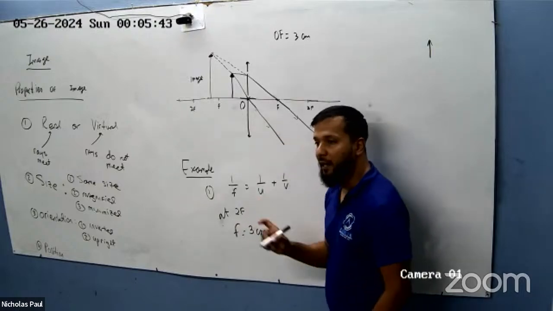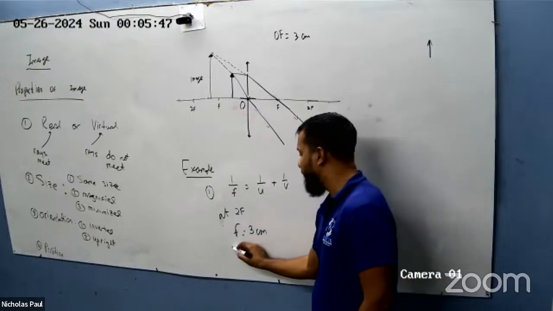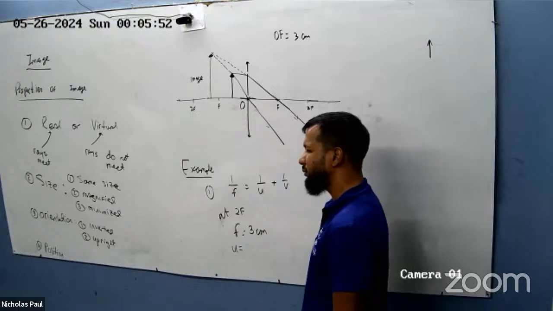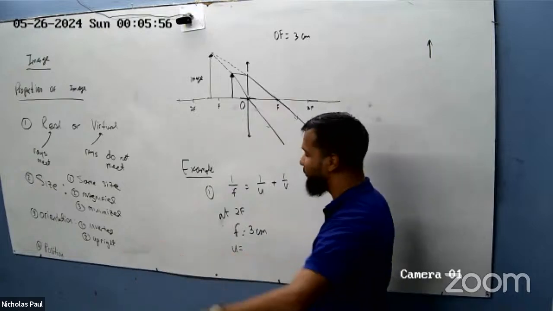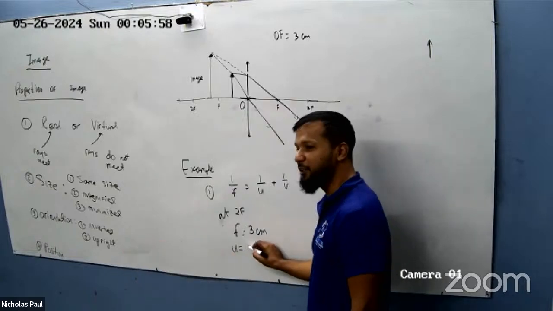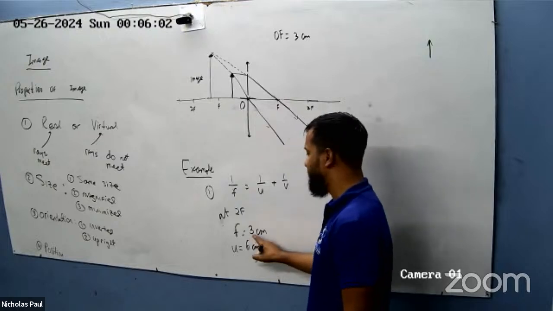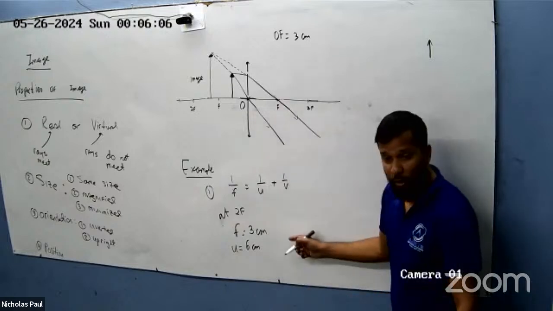What was the object distance? How far was the object from the optical center? Look at where the object was. Okay, well, yours is 4 because you didn't listen. But it's supposed to be 6, right? She put 2, and you use your values, 2 and 4. All okay with that?